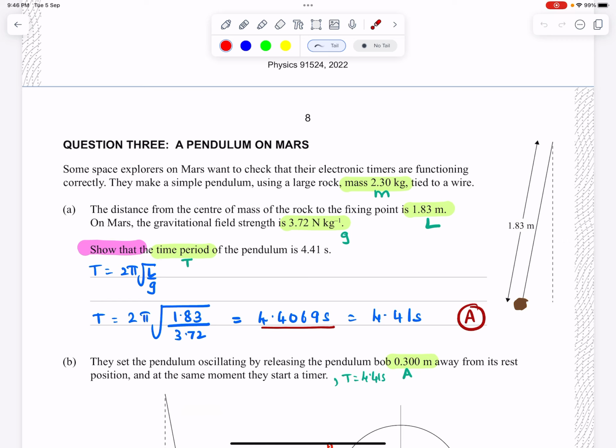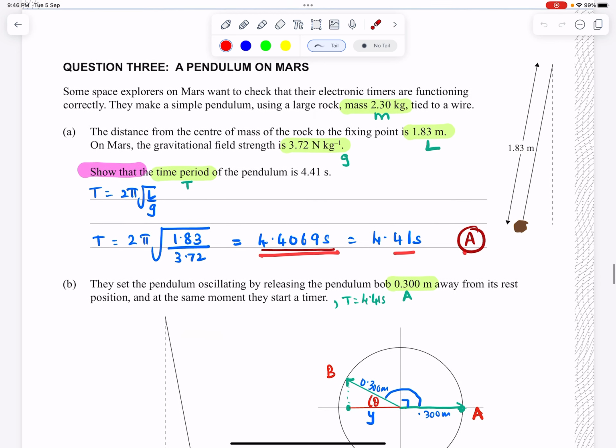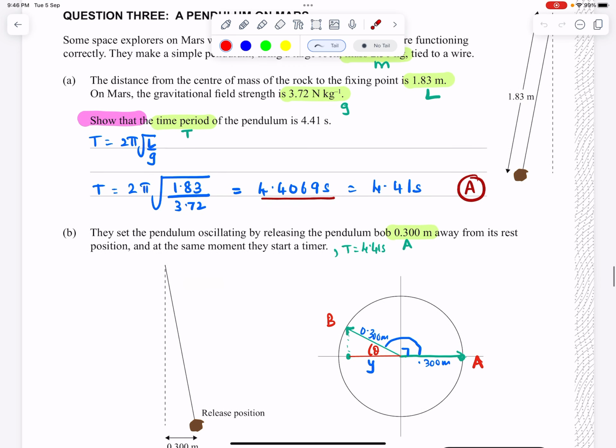Remember, always for show that, you need the formula and the unrounded answer. So use the formula: T equals 2 pi square root of L over g. So it's square root L and square root g. So put that in your calculator, you get this. That's an achieved. Now they set the pendulum oscillating by releasing the bob 0.300 meters away.